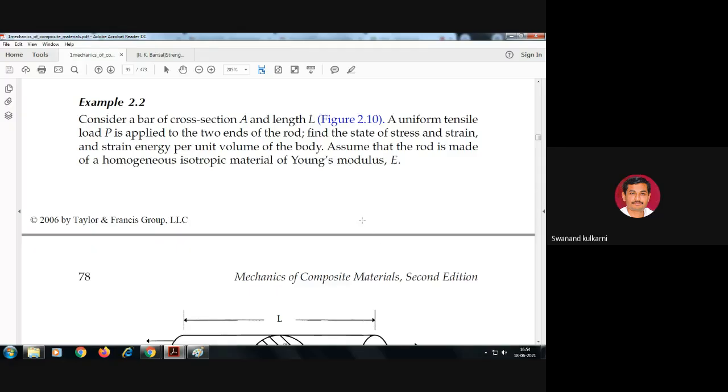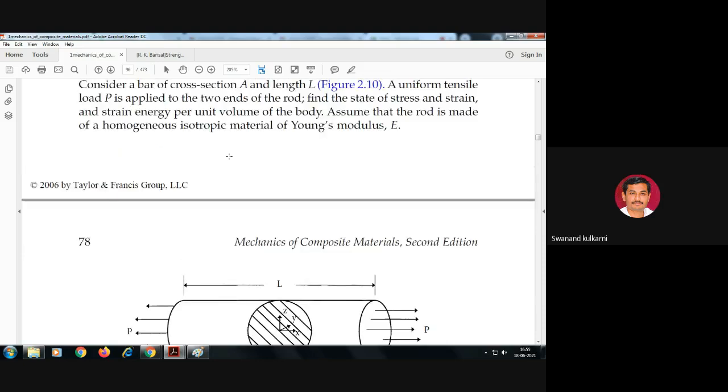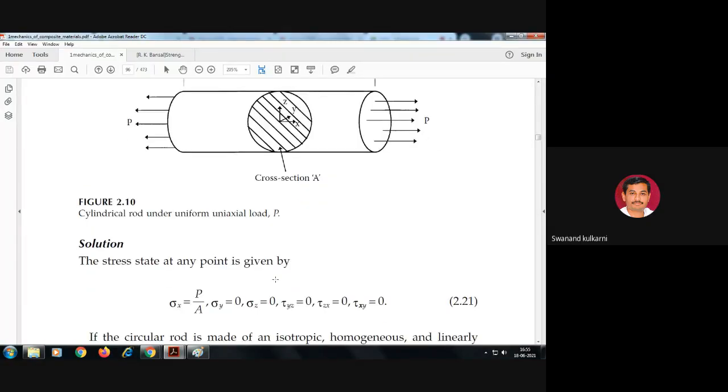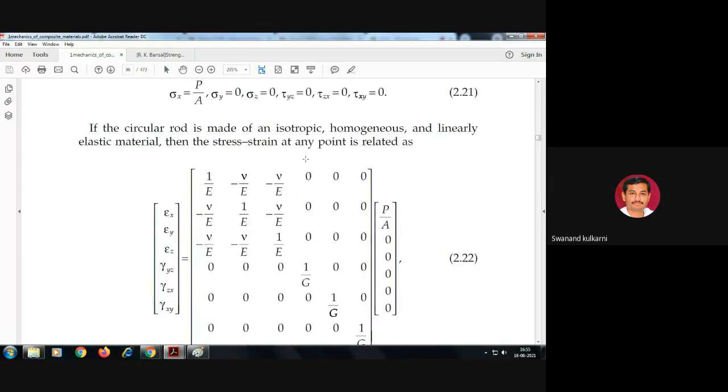Find the state of stress and strain energy per unit volume. In general, we know how to calculate sigma x; sigma y and sigma z are absent here, and no shear strains are present here.